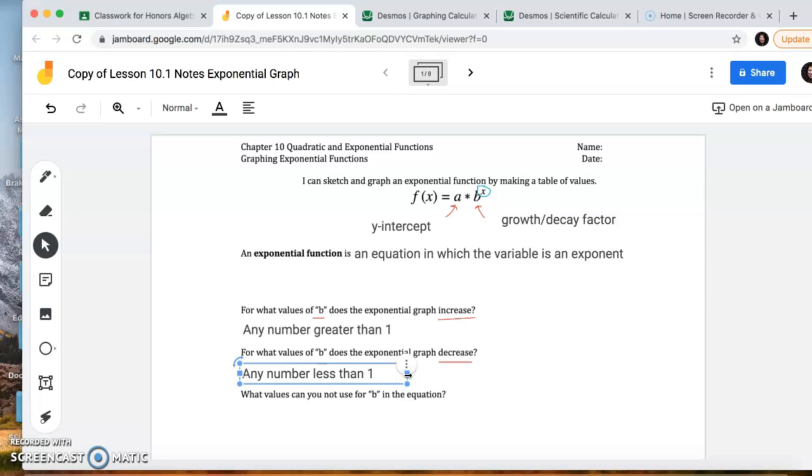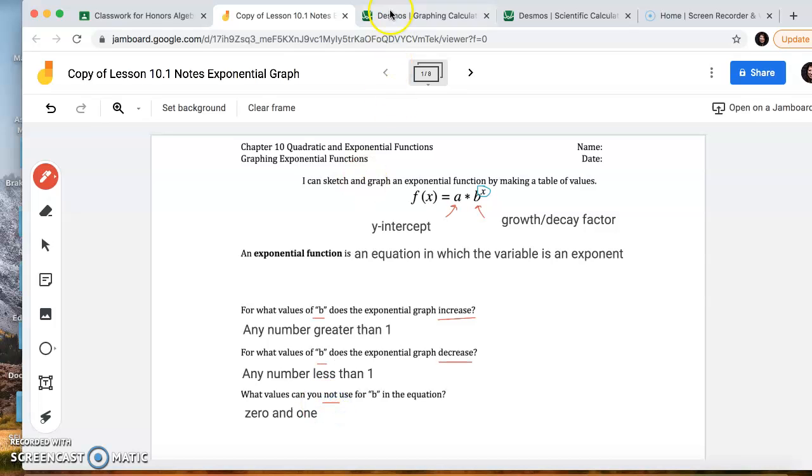I think that's pretty easy to remember. Greater than 1, it increases. Less than 1, it decreases. And then what numbers can we not use for b? 0 and 1. We cannot use 0 and 1. And I'll show you what I mean by this.